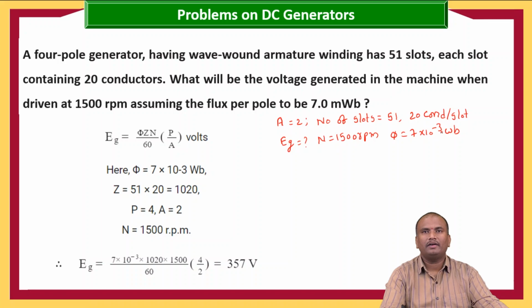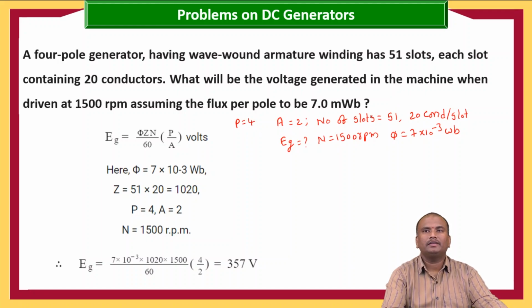So here our generated voltage equation Eg for a DC machine is phi Zn by 60 into P by A. Here phi is the flux, Z is number of conductors, N is speed, P is number of poles and A is number of parallel paths. Here the number of poles is given as 4.